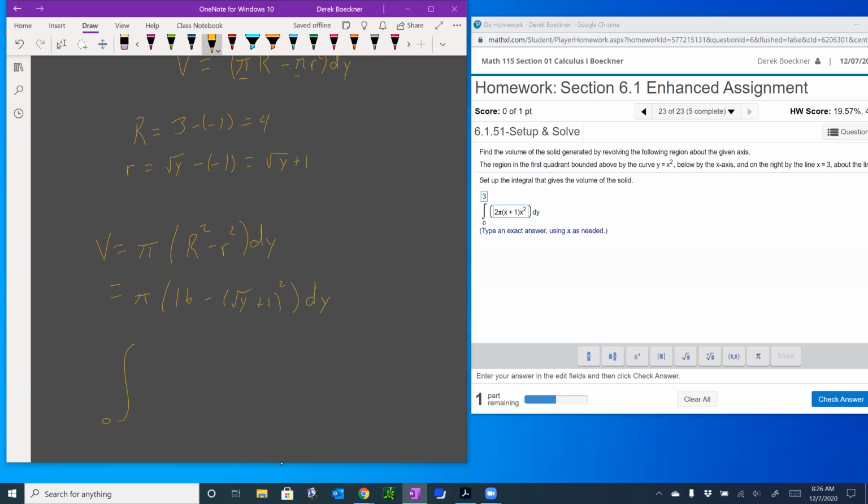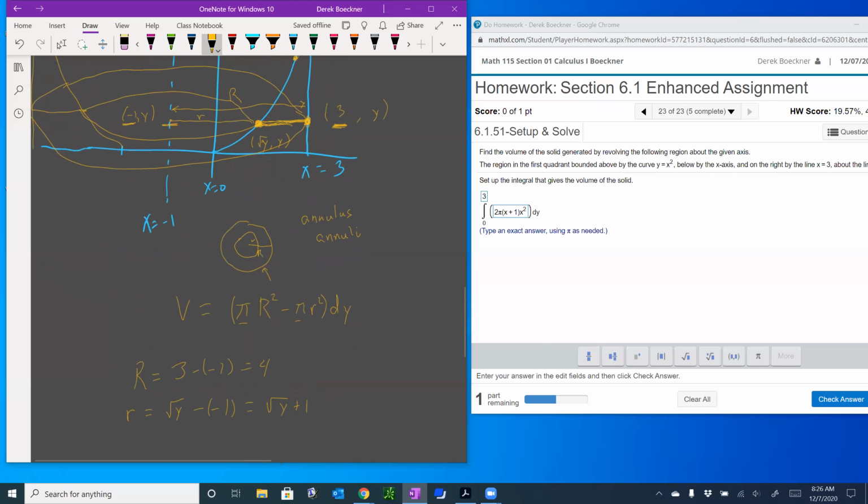I haven't figured that part out yet. Pi, 16 minus square root of y plus 1 squared dy. I have to figure out what that top bound is.